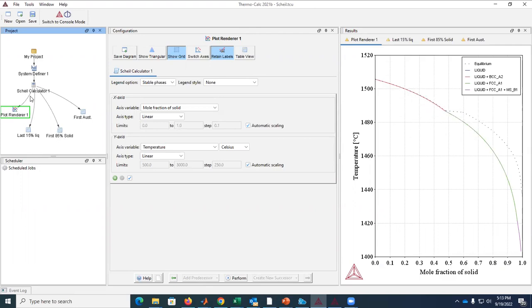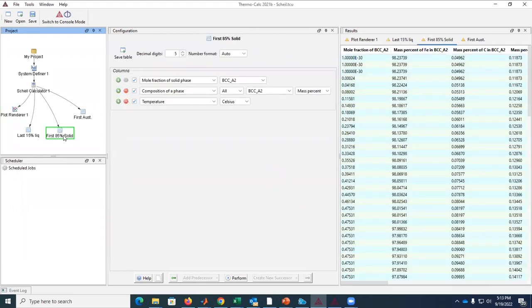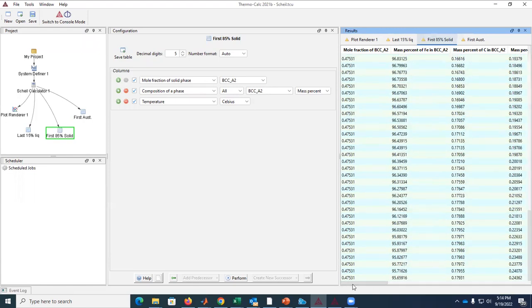So I'm just assuming here, calculating the first 85% of BCC, which is delta ferrite. Again, the same condition, so mole fraction of delta ferrite, starting at 0, high temperatures, and going to 47%.